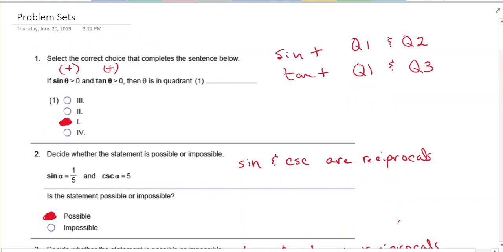So number 1 says select the correct choice that completes the sentence. If sine is greater than 0 and tangent is greater than 0, then what quadrant is theta in? So both of these things have to be true. Well, remember our little all students take calculus? Well, sine is positive in quadrants 1 and 2.